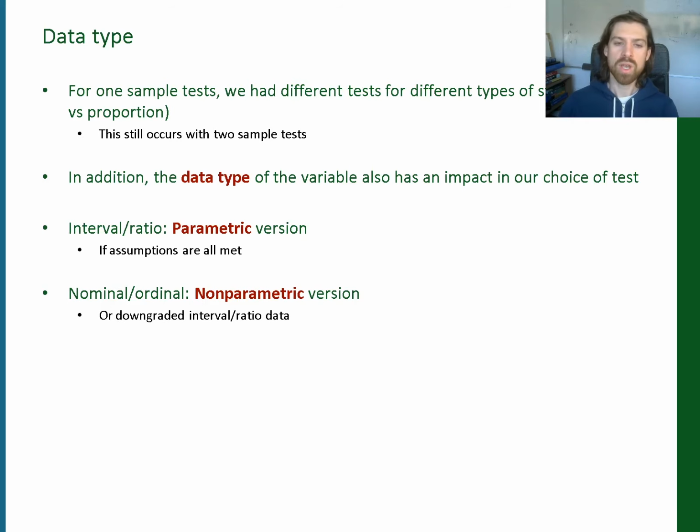And there's no easy way to get around understanding this. I'm afraid you're just going to need to learn that parametric tests are for normally distributed data which are continuous. Non-parametric tests are for non-normally distributed data where potentially you've got ordinal data rather than continuous data.